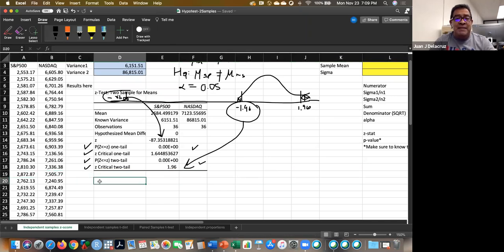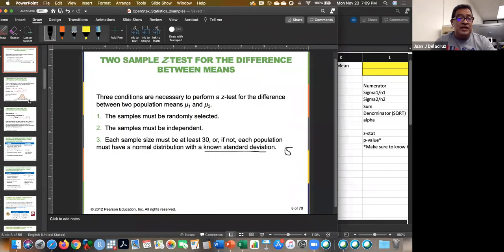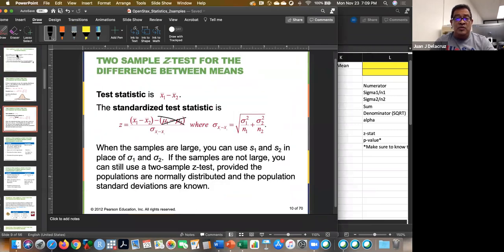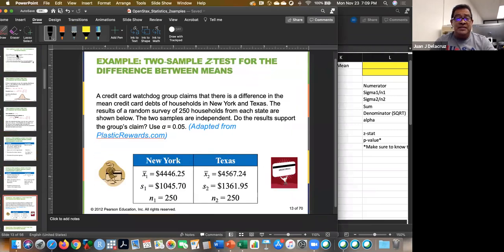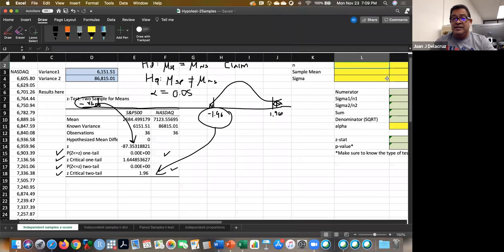But what happens when you are just given the values as in the examples? In our examples, what we are gonna do is the following. We have this example here, and I also accounted for that.